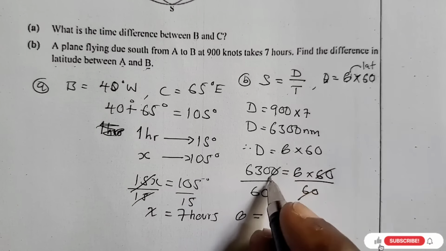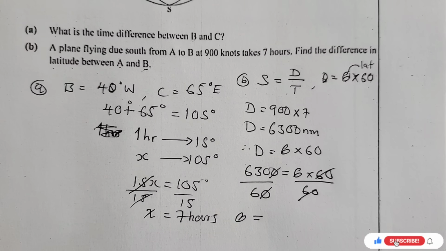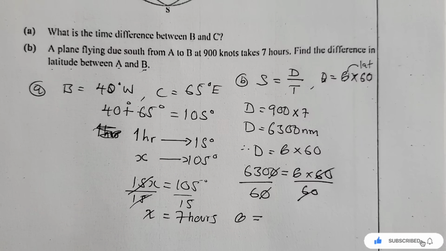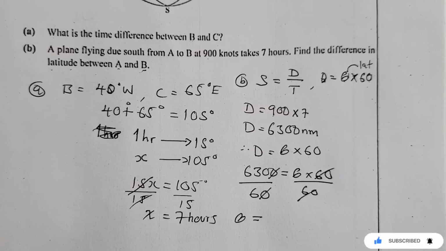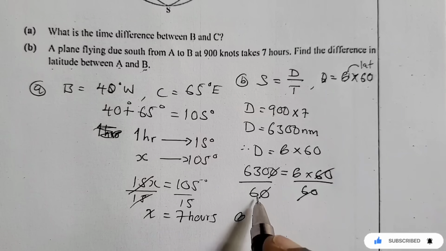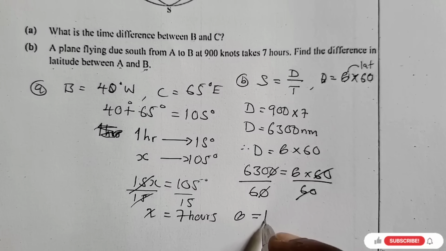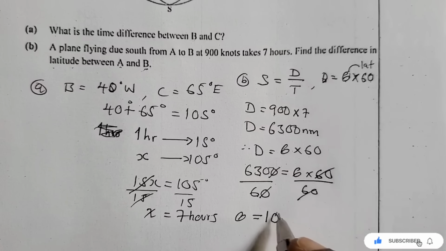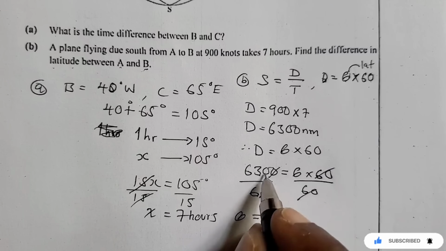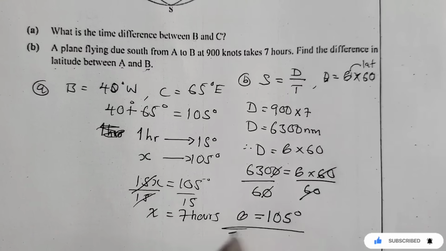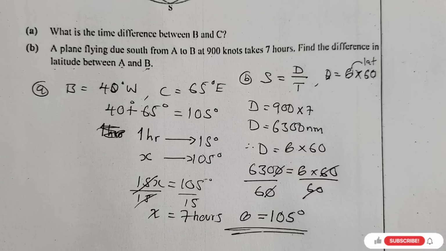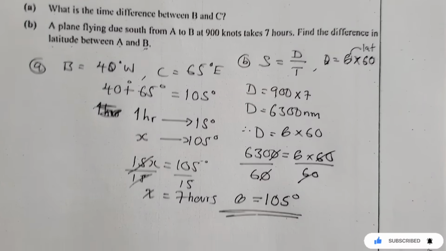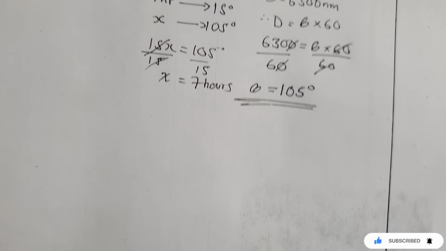Theta is equal to 6,300 over 60. The zeros cancel, leaving 630 over 6. 6 into 6 is 1, 6 into 3 is 0, and 6 into 30 is 5. So the difference in latitude is 105.